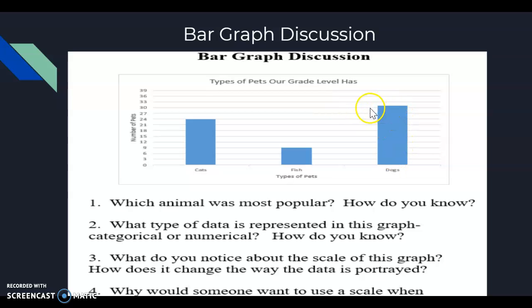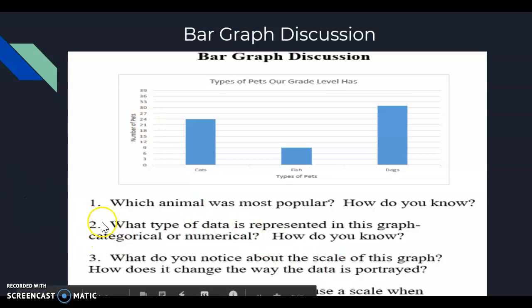If you go all the way across here, you'll see that it's at 30. 30 dogs. That's much higher than fish, which is here, and cats, which is here at 24.